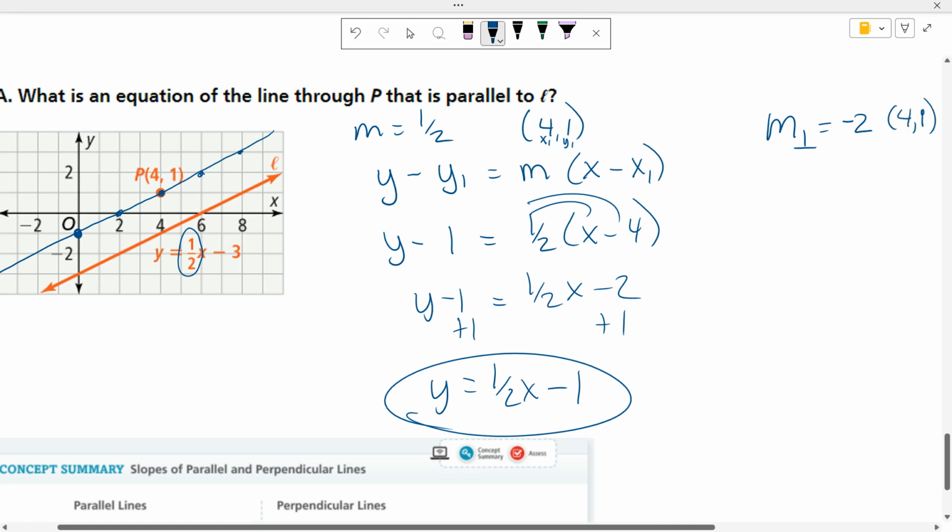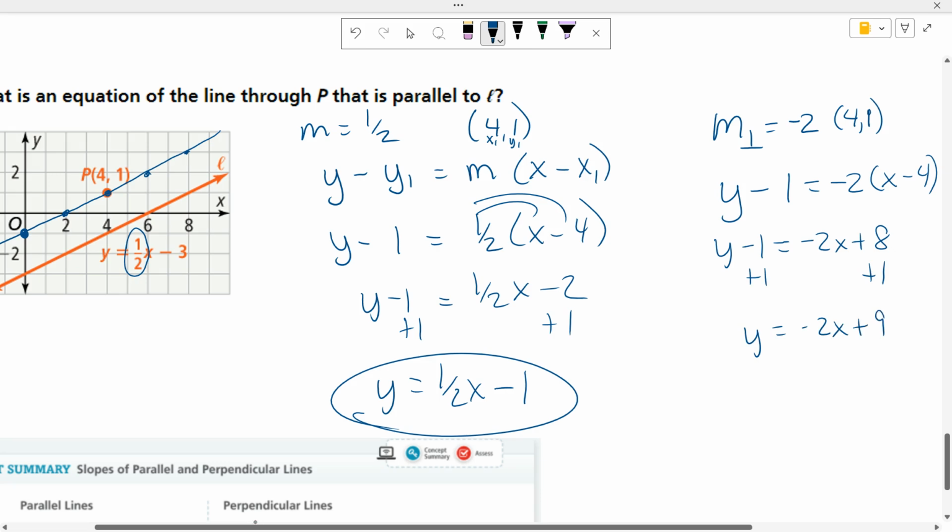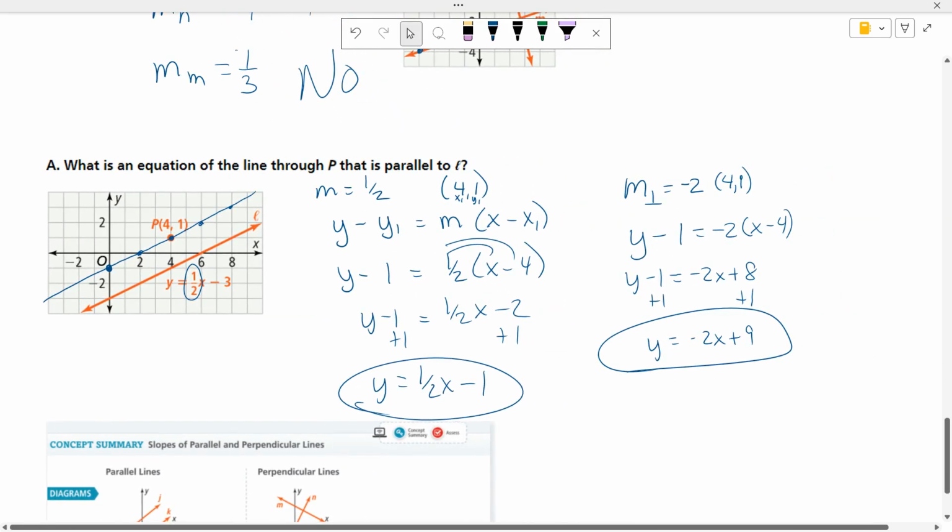So we do point slope form again. y minus y1 equals my slope, -2, times x minus x1. So y minus 1 equals -2x plus 8. If we add 1, y equals -2x plus 9. That's the equation of the perpendicular line.